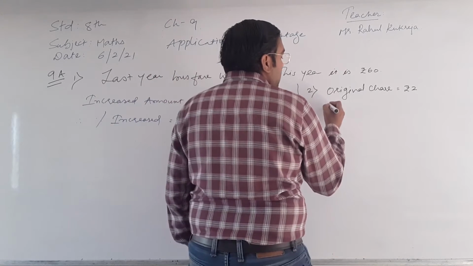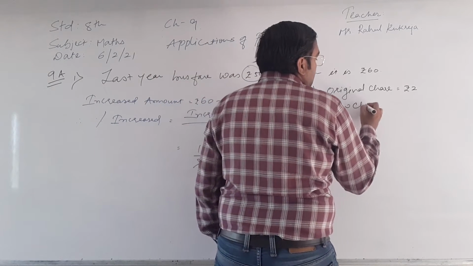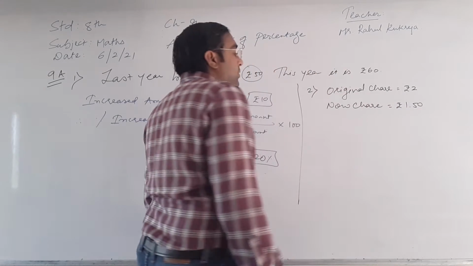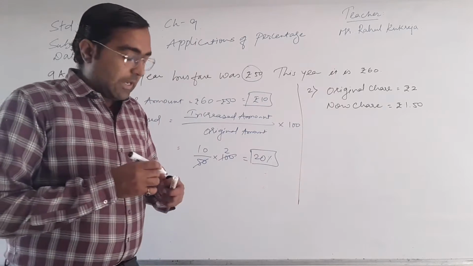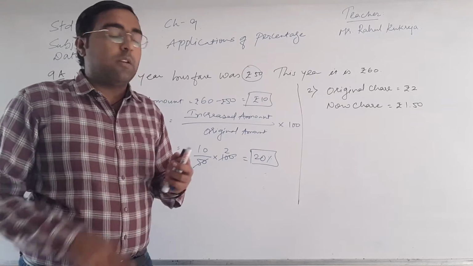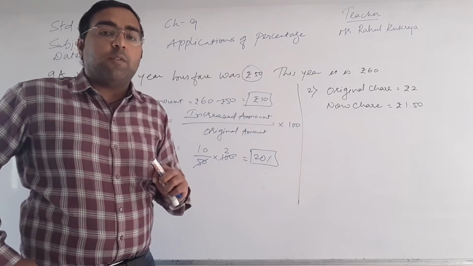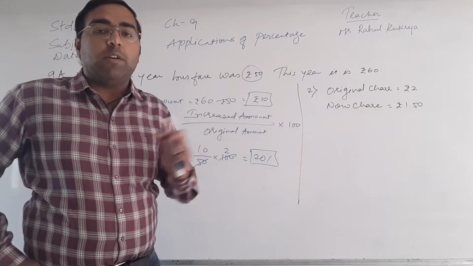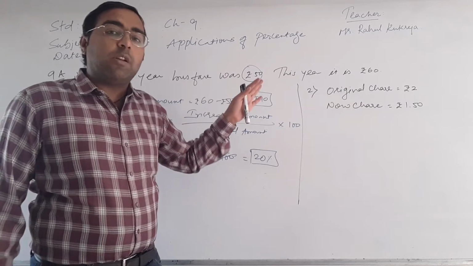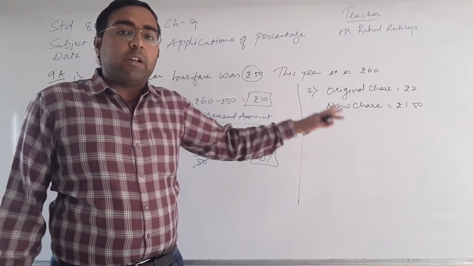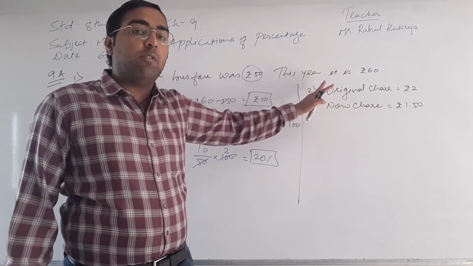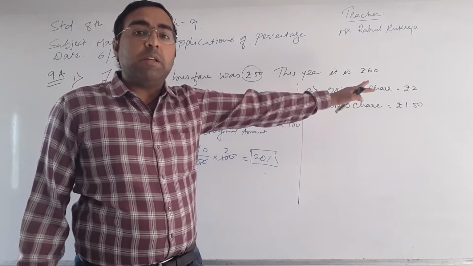So 5 years ago the charges of the telephone were ₹2 per minute, and now the charges are ₹1.50 per minute. So from the original value, my value has now decreased.